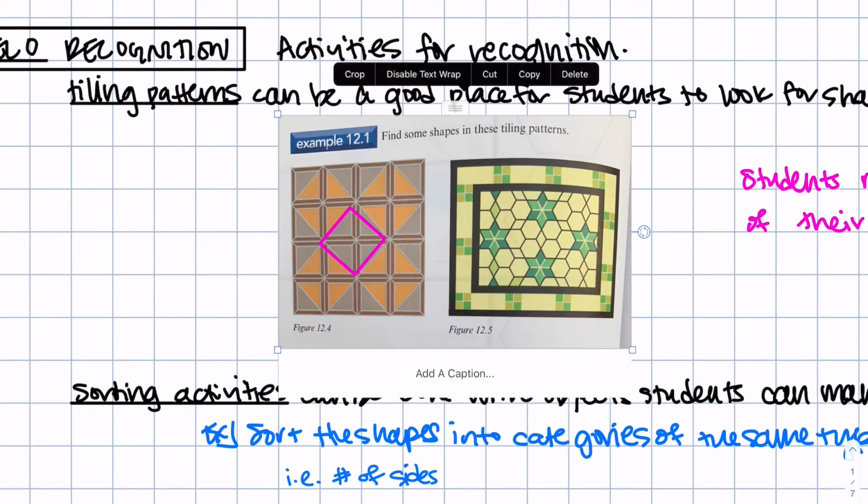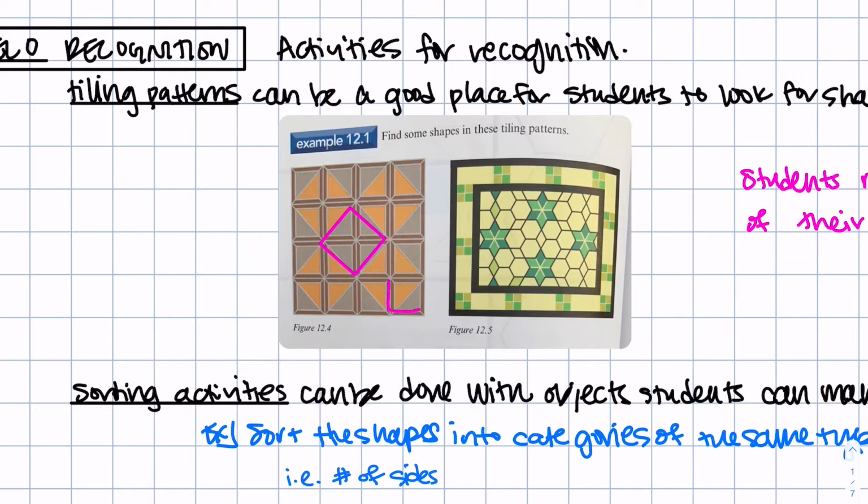Oops, I did not need to move that. There we go. They look like this. There are some larger squares that look like this, and even like this. So you can recognize squares of different sizes. You might also be able to recognize rectangles of different lengths and widths.